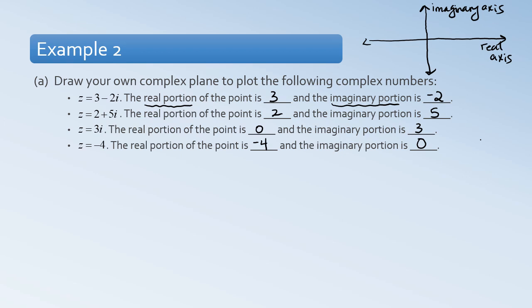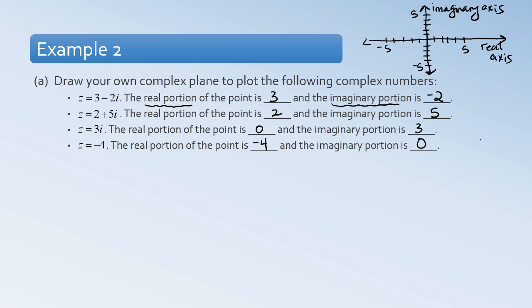So for z equals 3 minus 2i, starting at the origin, first of all, actually, let me put some tick marks on here. 1, 2, 3, 4, 5, and -1, -2, -3, -4, and -5. And how about 1, 2, 3, 4, 5 on the imaginary axis, and -1, -2, -3, -4, and -5 on the imaginary axis.